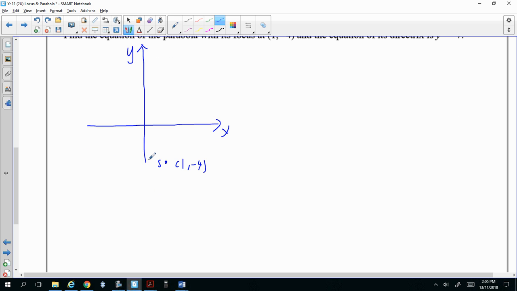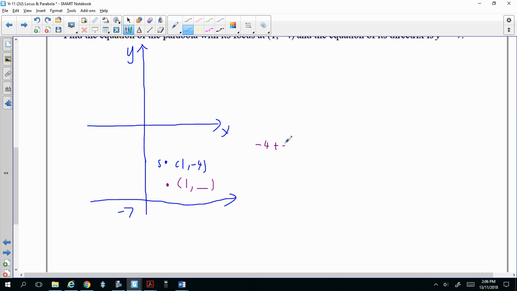Okay, we got that. So now the vertex is not given, so you have to do some working. Your vertex will be somewhere halfway between the directrix and the focus. So where would that be? Now, because it's directly below the focus, we know it's going to be (1, something). And how do I work out that something? Just find the average. So you go negative 4 plus negative 7, over 2.